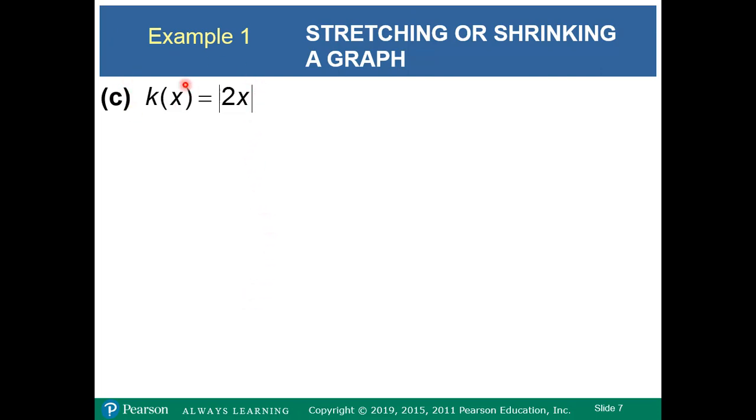Now, let's take k of x. Look what happened here. Now we're bringing the 2 inside the function, so we're taking x and multiplying x by 2.